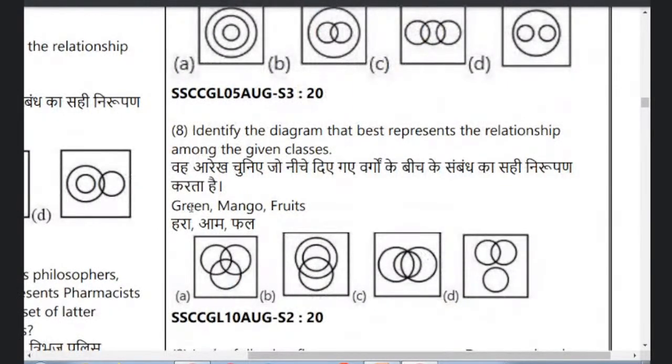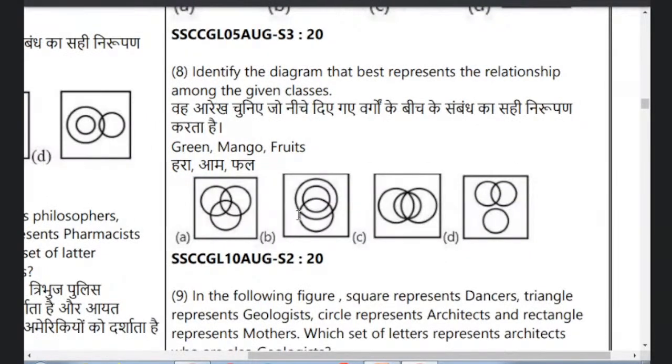Let's do question 8. The relation between green, mango, and fruit. First, option D. Okay. Anyone else?